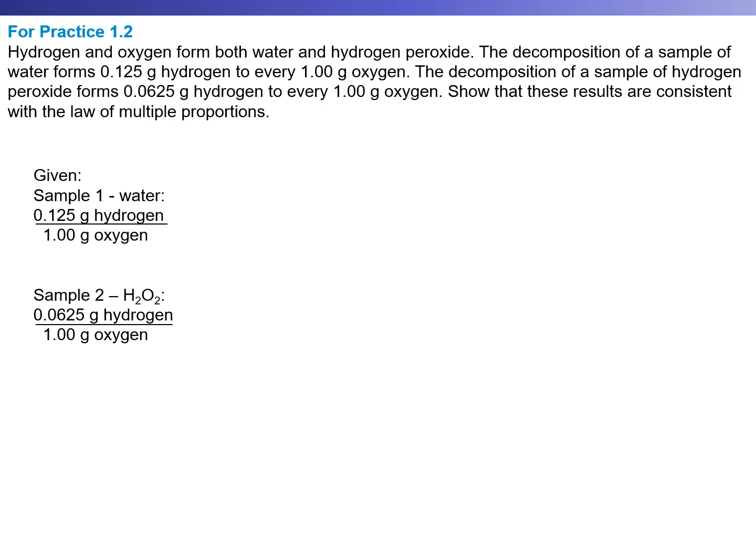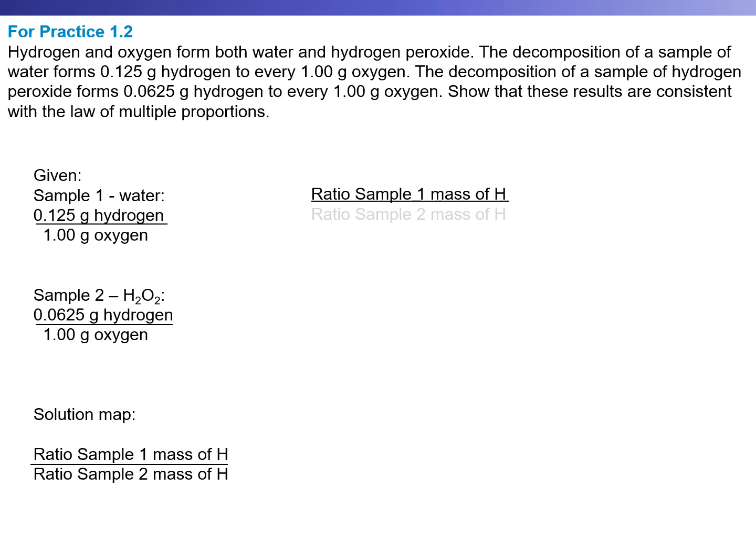What we're really worried about is the hydrogen, because the hydrogen is the variable component between these two ratios. So my solution map is going to say the ratio of the mass of hydrogen from sample 1 and the ratio of the mass of hydrogen from sample 2, and I would put it in a fraction, which is basically a ratio.